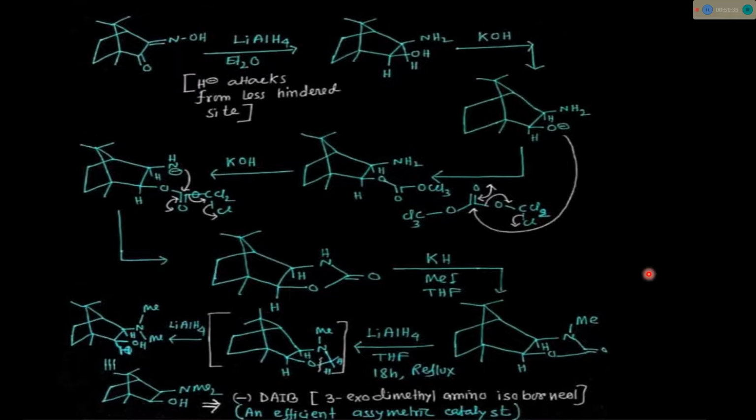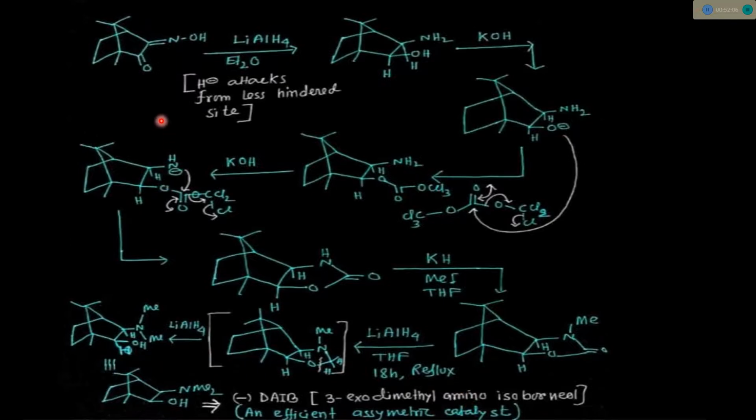I think in most questions we used lithium aluminum hydride for reductions, for imine bond breaking. And in most cases we saw 1,3-dipolar reactions and sigmatropic rearrangements. So in this way we learned some reactions, that is sigmatropic rearrangement, the use of some reagents, and this asymmetric catalyst synthesis.